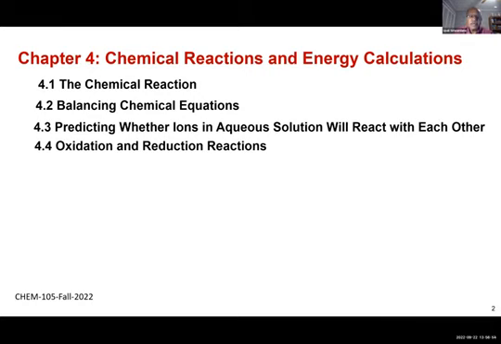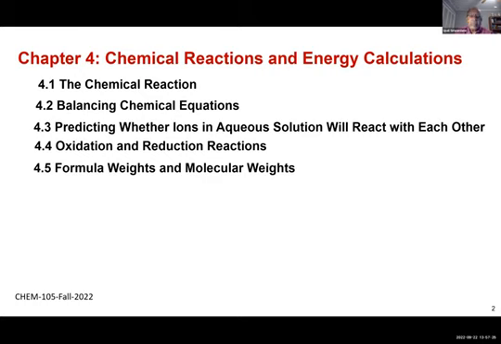Solid reactions are slow. So mainly we do chemistry in aqueous solution, water solution. We have to predict how the ions react in aqueous solution to form products. There are also reactions where electrons are transferred from one atom to another in the reactants, and electrons are found in another atom in the product.